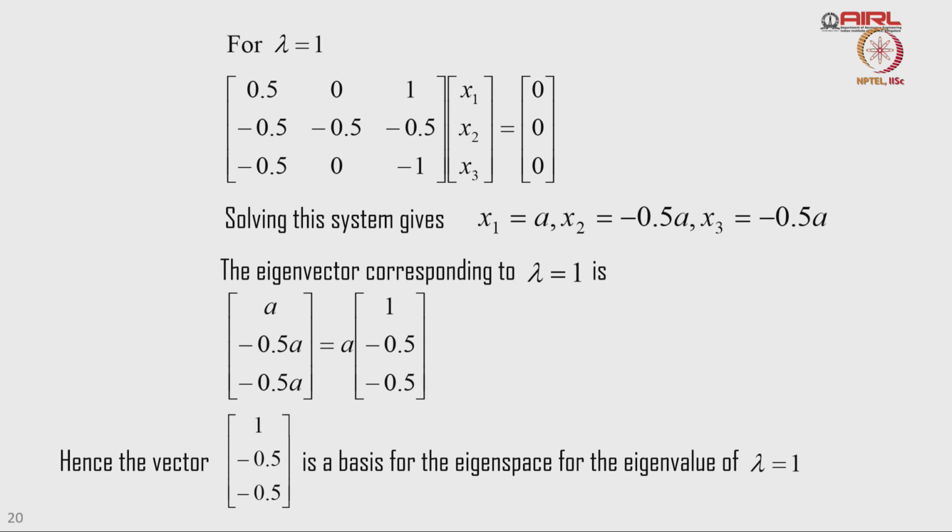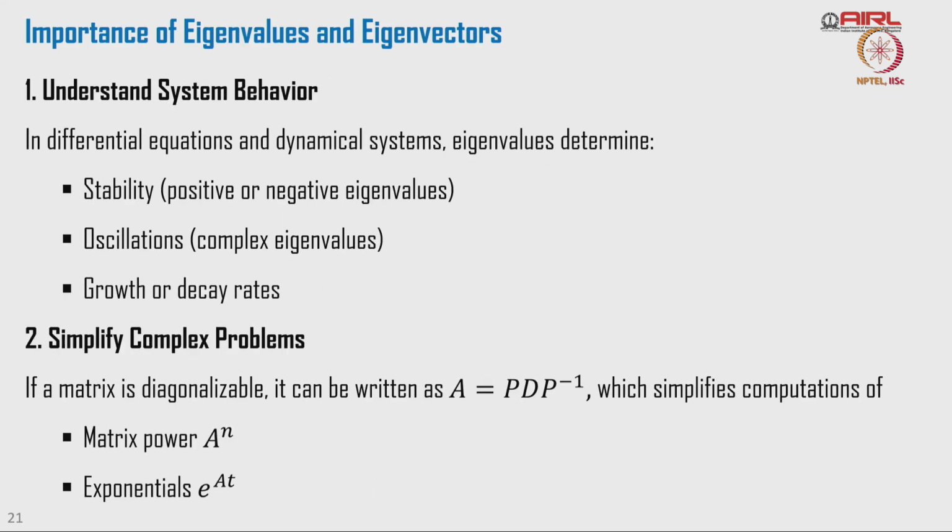And for the other case, when lambda equals 1, we substitute lambda equals 1 in that equation, and if we solve that equation we will get another eigenvector which is 1, minus 0.5, minus 0.5, and this is the basis for the eigenspace corresponding to the eigenvalue lambda equals 1.